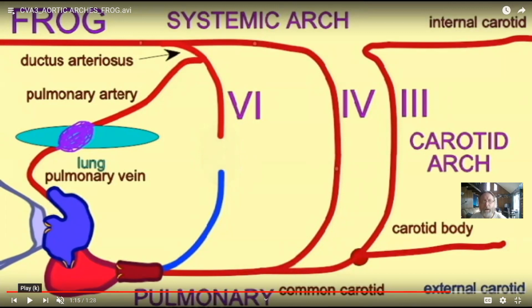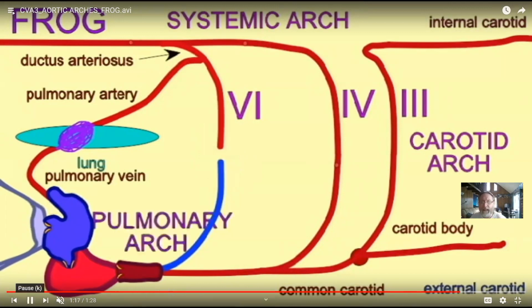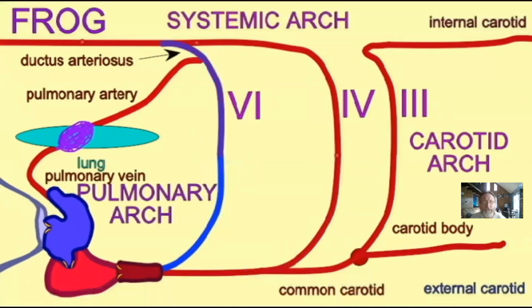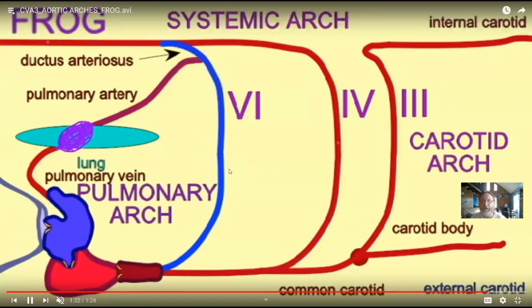But getting back to frogs, obviously after the tadpole stage, there are no gills. And so then this sixth aortic arch becomes special because it is now primarily traveling to the lungs.